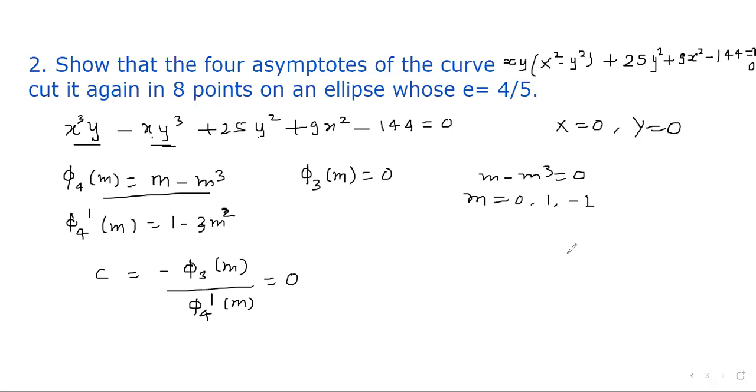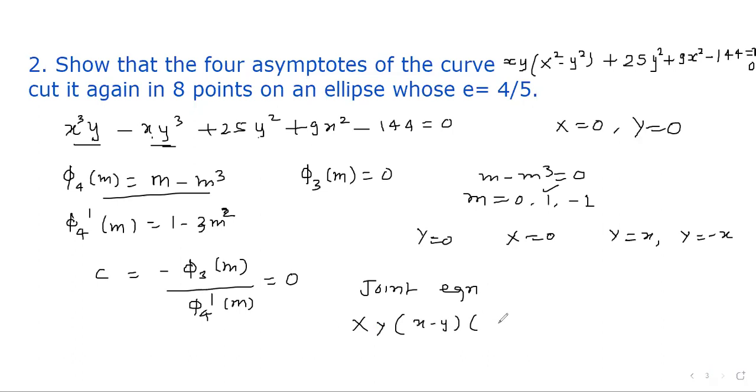So asymptotes will be x equal to 0, and then when we write m equal to 1, y equal to x, and y equal to −x, and then one more asymptote will be y equal to 0. So all asymptotes we combine to get the joint equation. So the joint equation will be xy(x − y)(x + y) equal to 0.